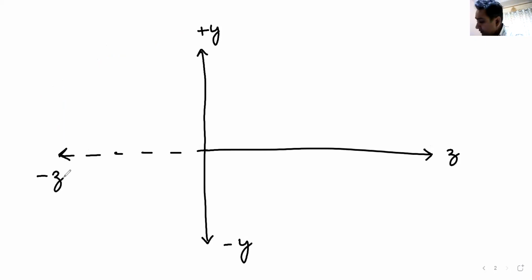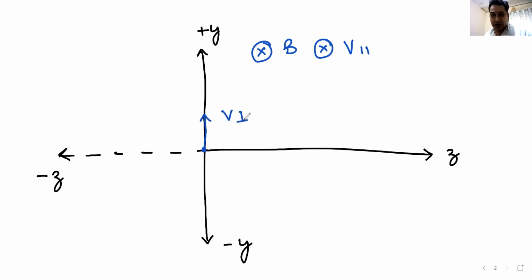Is everyone following me? So your magnetic field goes inside, cross B; your v parallel goes inside; and your v perpendicular is here. Now you know that it has to move in a circle. How does the motion look now?